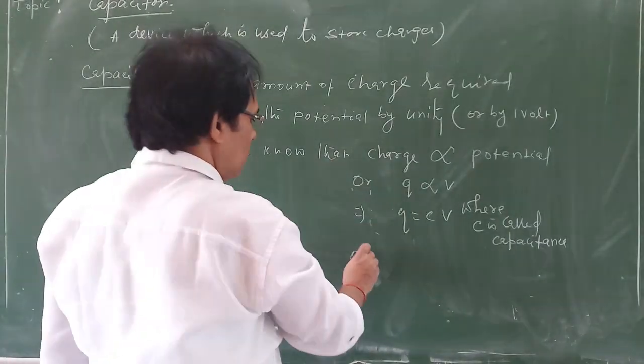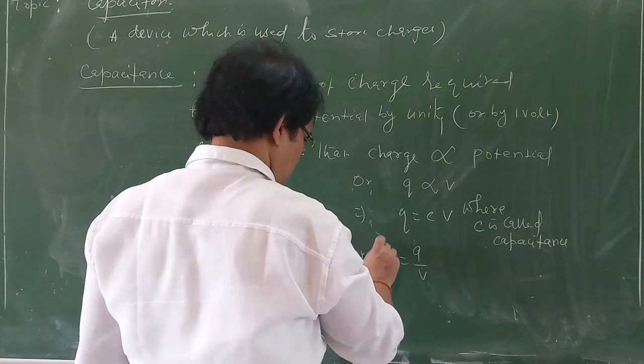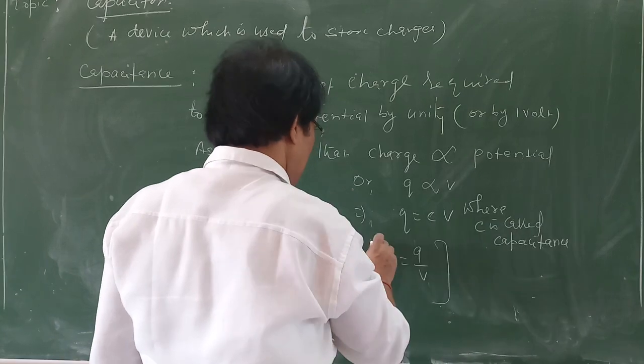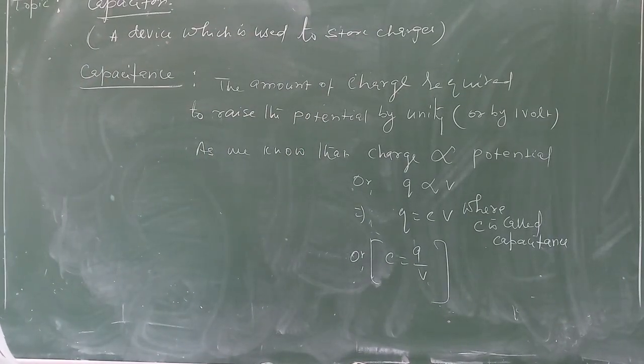So you can write C equal to Q by V. This is the formula: C = Q/V.